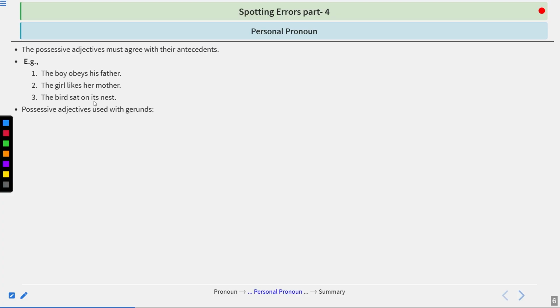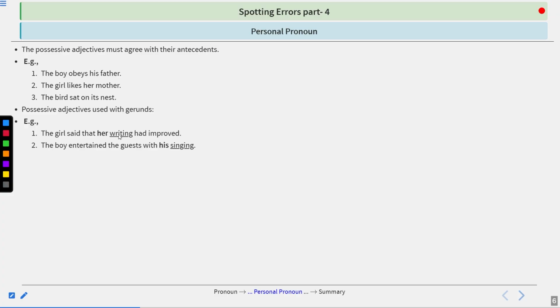Possessive adjective with gerunds. So we are talking about the use of possessive adjective with gerunds. What is a gerund? V1 plus ing, the first form of the verb plus ing, like writing, reading, jumping, singing. The sentence: the girl said that her writing had improved. So the girl said what? That her writing had improved.